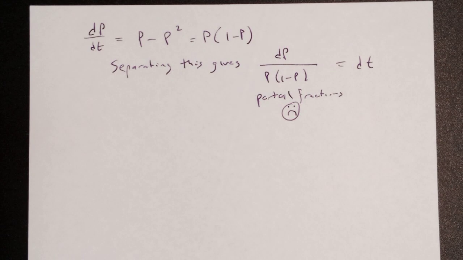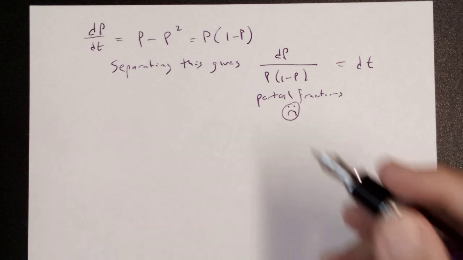Now, I did deliberately pick something that would be quote unquote easy. And again, I know you did this. I also know you didn't like it. I get that. But we should still be able to do it, at least in simple cases.